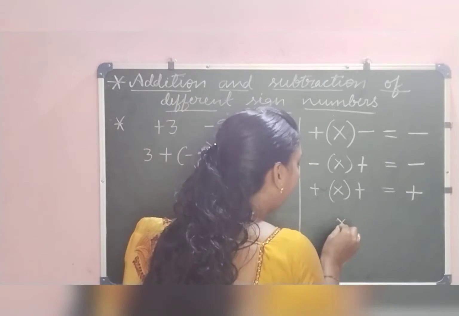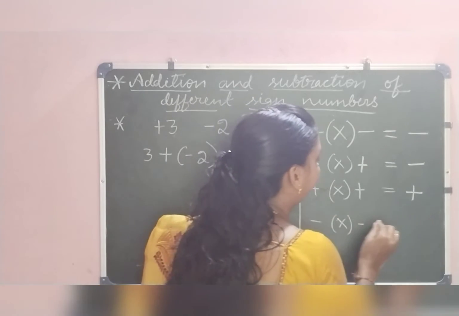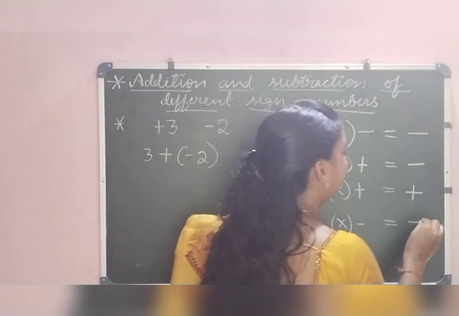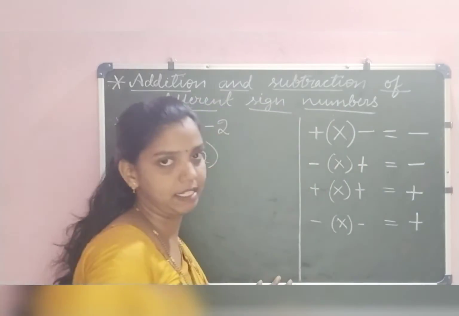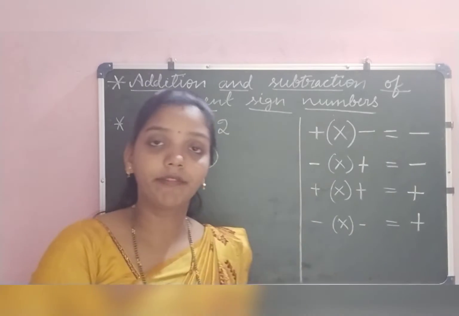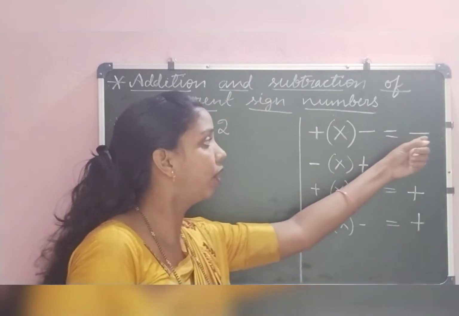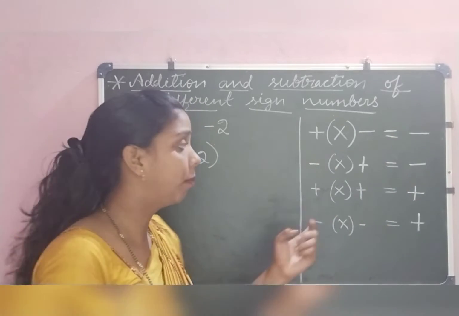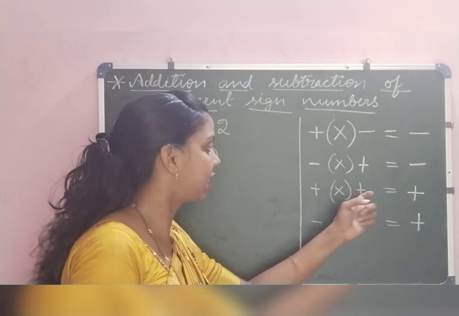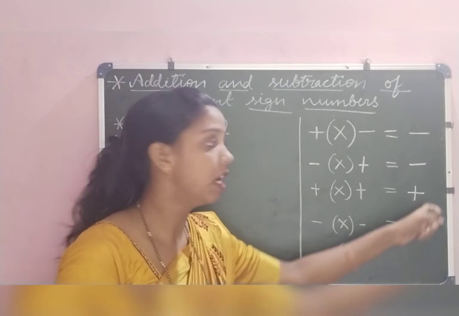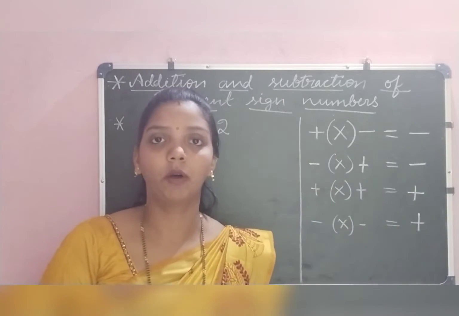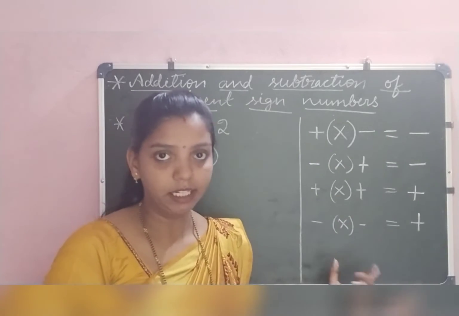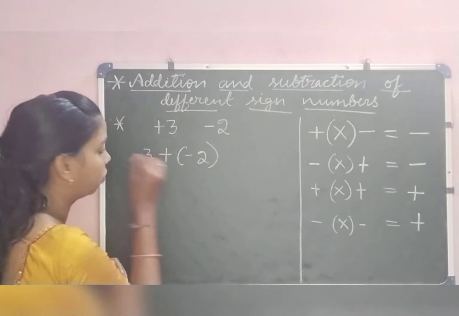And if you multiply minus and minus, both have the same sign, so the answer will be plus. When you multiply numbers with different signs, the product will have the negative sign, and when you multiply the same signs like plus and plus, minus and minus, the product will have the positive sign. This is the concept of multiplying signs. So we have to apply it here also.